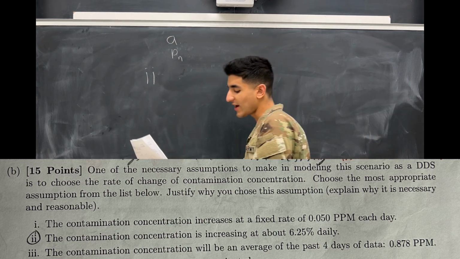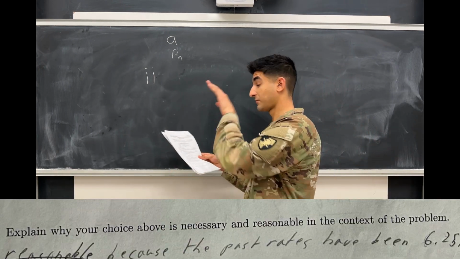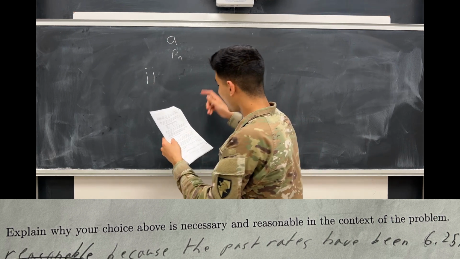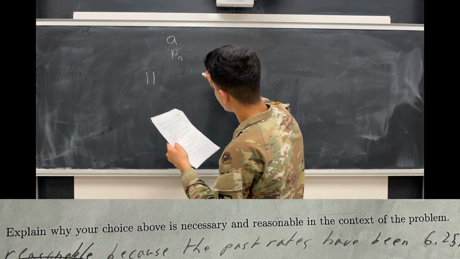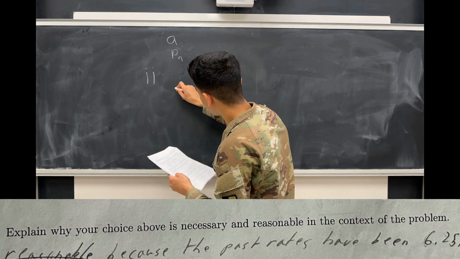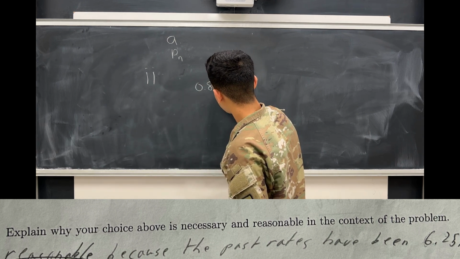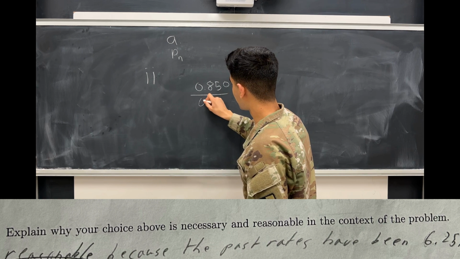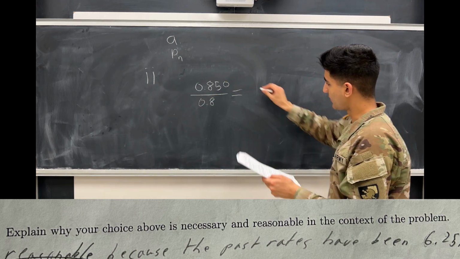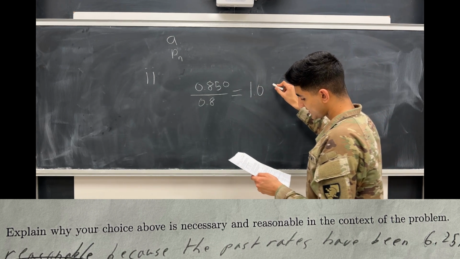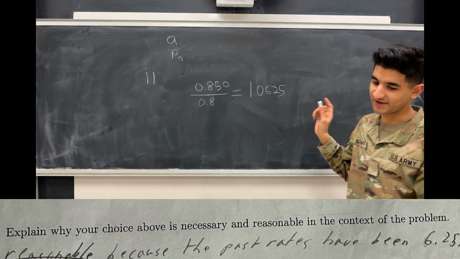And the way you check it out in your justification part is if you look at your table, hopefully I edited it back here, if you do the difference between two, so let's do between April 11th and April 10th, April 11th gives us 0.85, and April 10th gives us 0.8. And if we divide those two by each other, we get 1.0625.